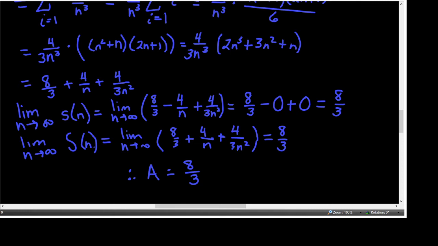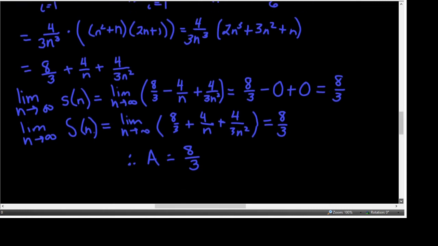Now, something that we use that I didn't really talk much about yet is something called the squeeze theorem. Let me move my screen down so that I can draw this.